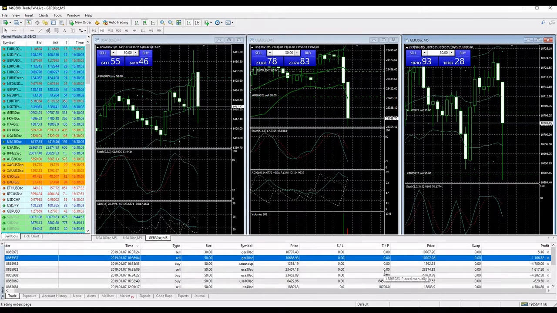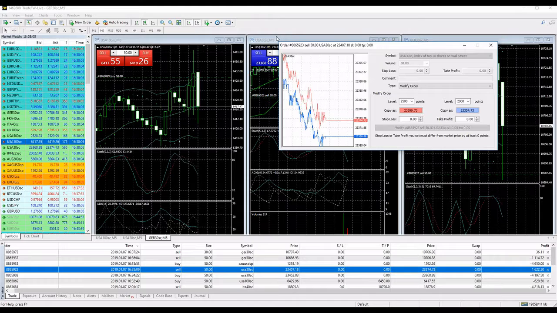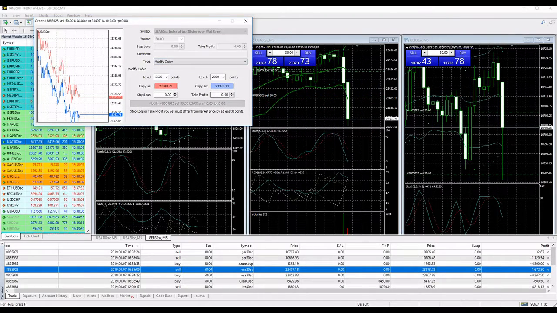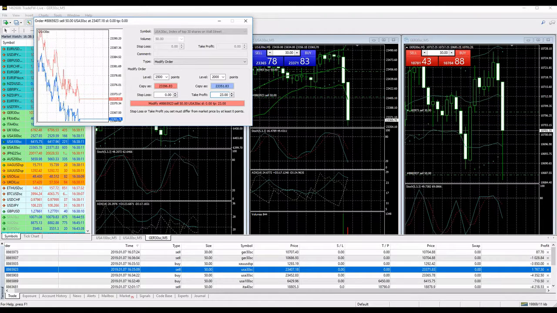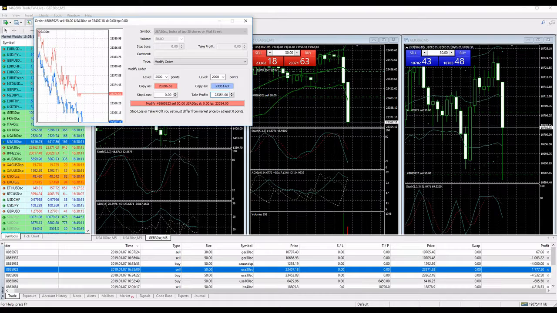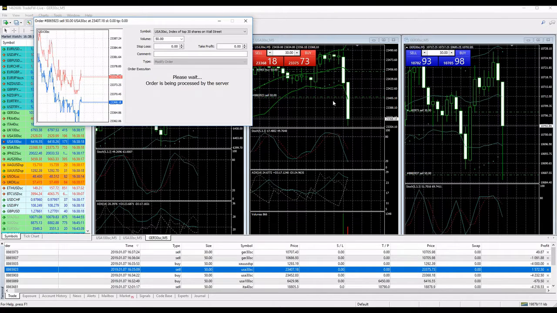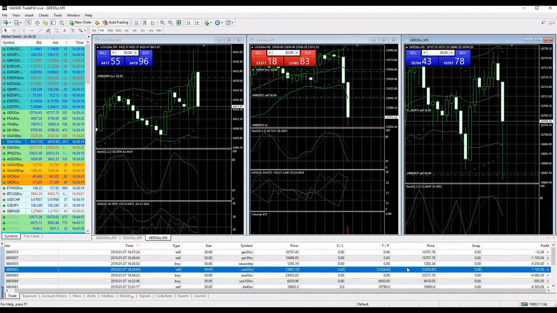I have to put some take profits. Let's put some take profits over here. My take profit on this position is at 23,354. Here we go. So, Italy 40 from the morning.